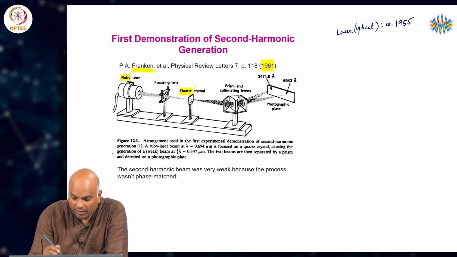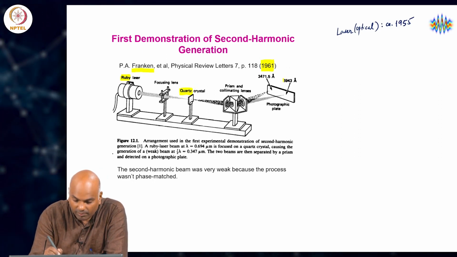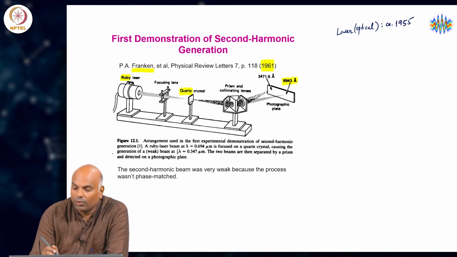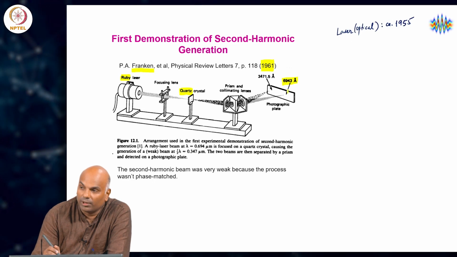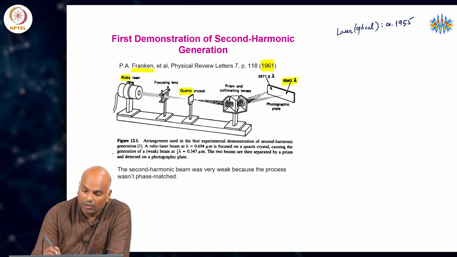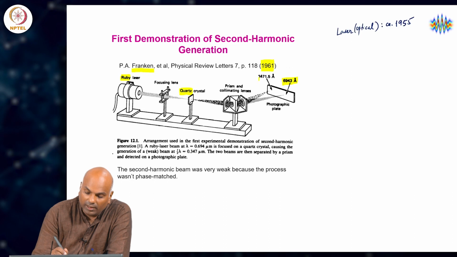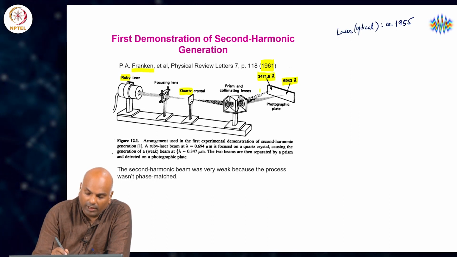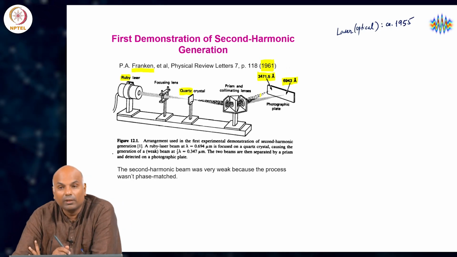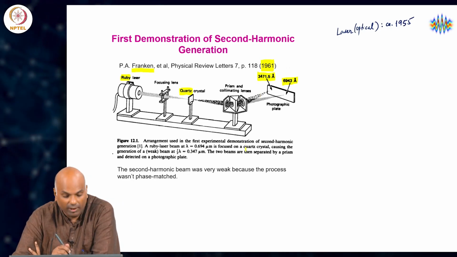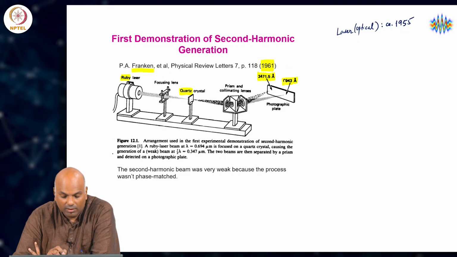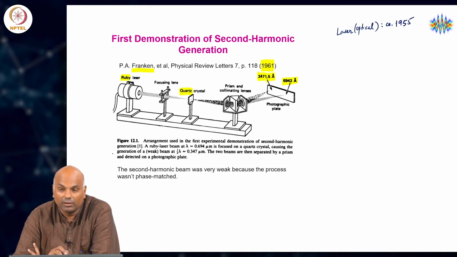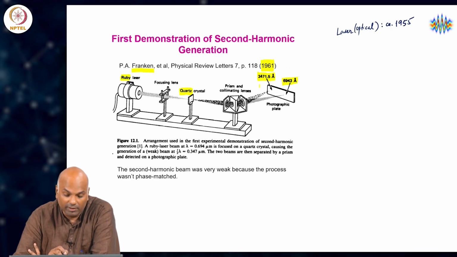So, the ruby laser's primary wavelength was 694 nanometers, or 694.3 nanometers, or 6943 angstroms. Then the second harmonic of that is in the violet blue region of the spectrum, 347 nanometers. Okay. So, 2 omega is half the wavelength, isn't it?